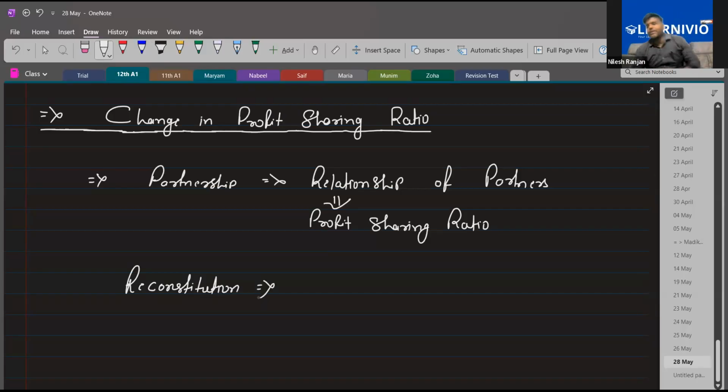Now, what does it mean by reconstitution? It means the old partnership will be closed, it will come to an end, and a new partnership will begin.